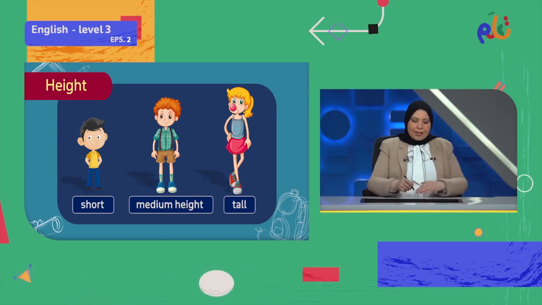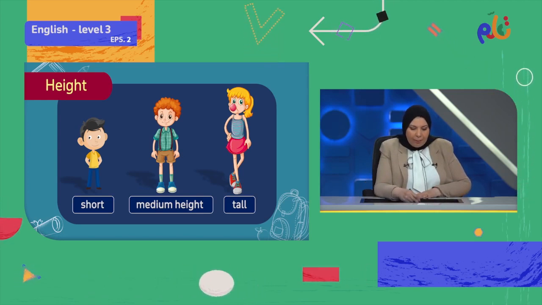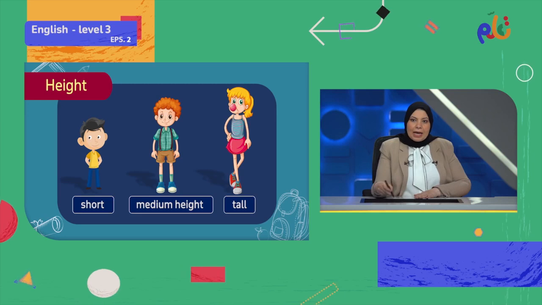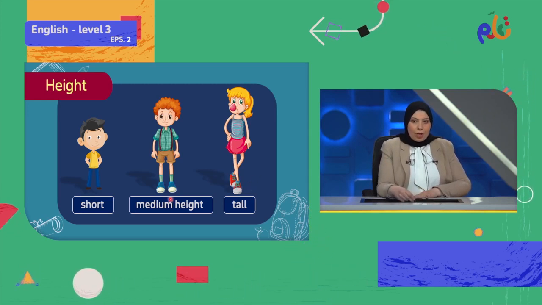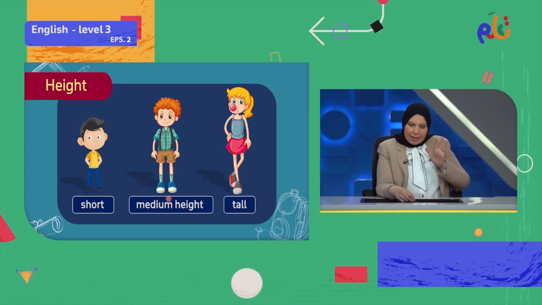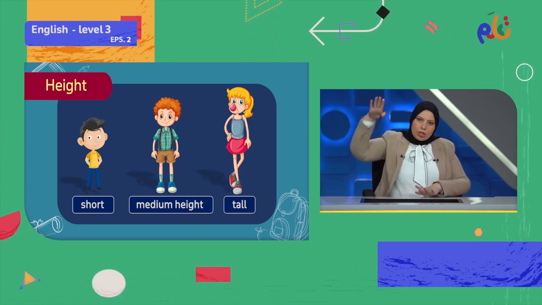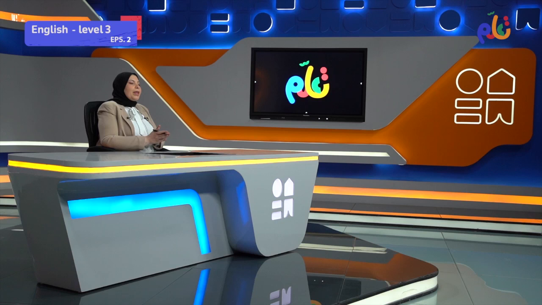So we have short, and then medium height, and then tall. Short, medium height, in the middle, and tall, which is the opposite. So this is to speak about a person's height.